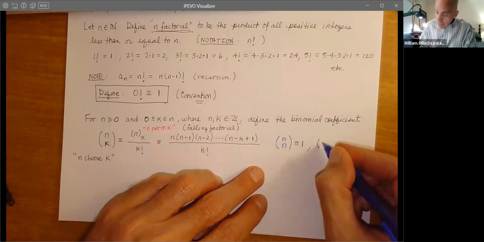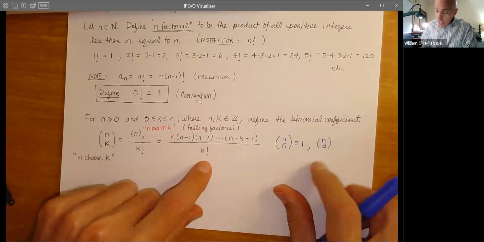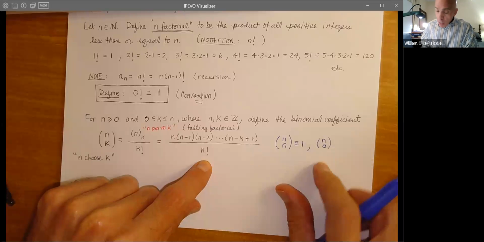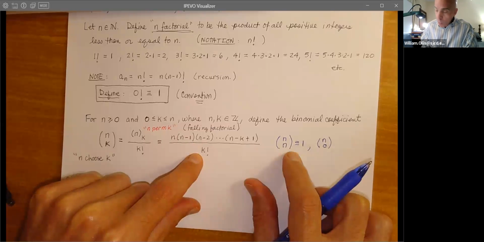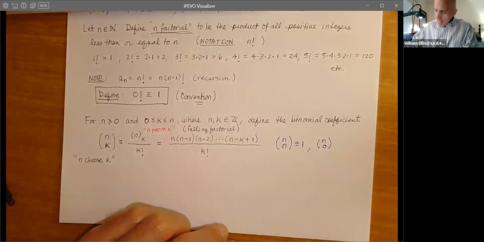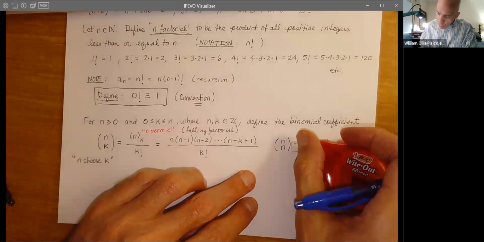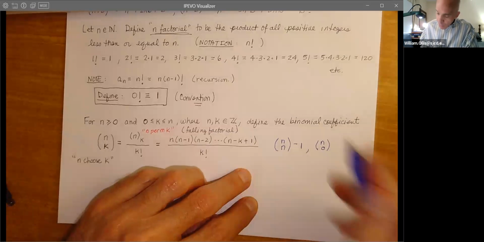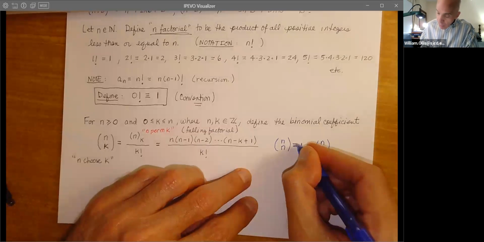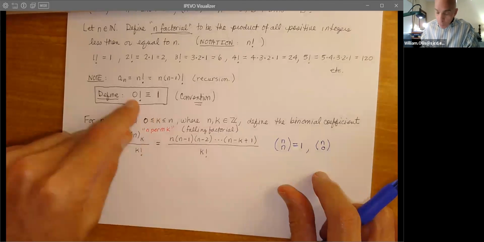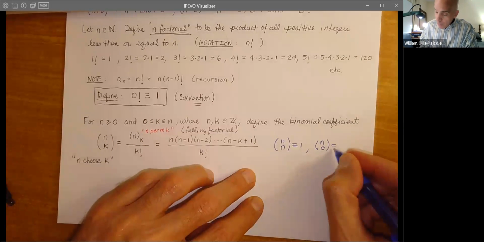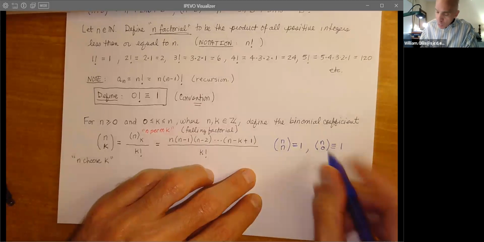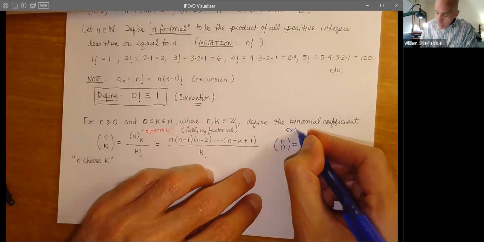But then this says that n choose 0, again, we'll have a 0 factorial here. Notice this will just be n factorial divided by n factorial to give us 1. So that's really okay. We'll just go ahead and say that follows Professor Ron's formula. And then, of course, here to incorporate this, so we don't get into trouble, we'll just go ahead and define this to be 1. So these are like the extreme cases.